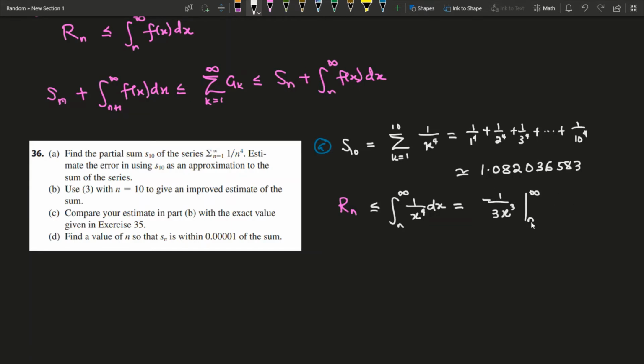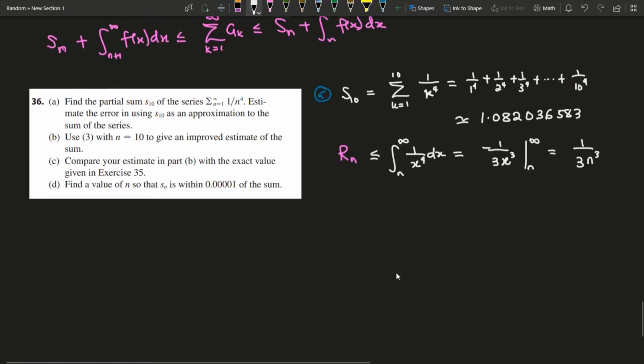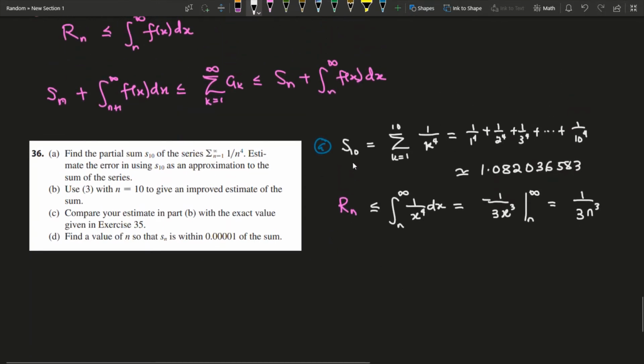So what will be left is negative this, which will be positive 1 over 3n to the third. So using any n to estimate this series, this is the error you commit. Now in particular, when n is 10, the error is less or equal to 1 over 3 times 10 to the third.